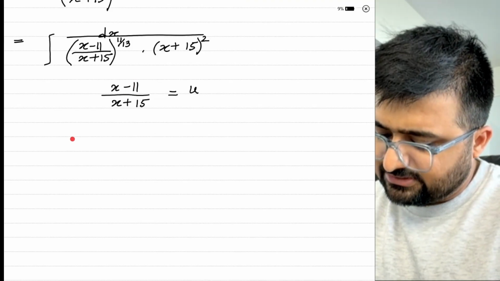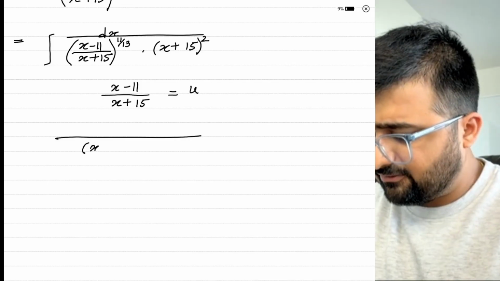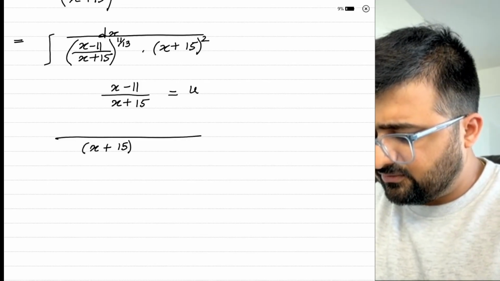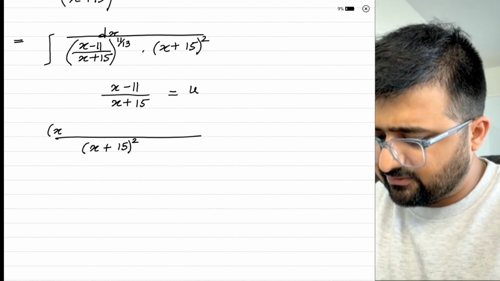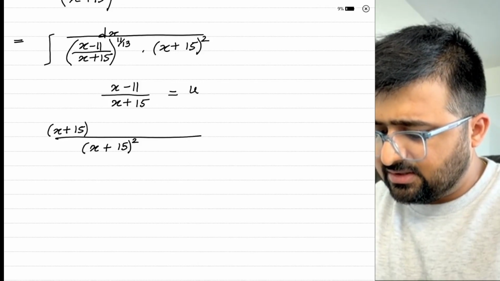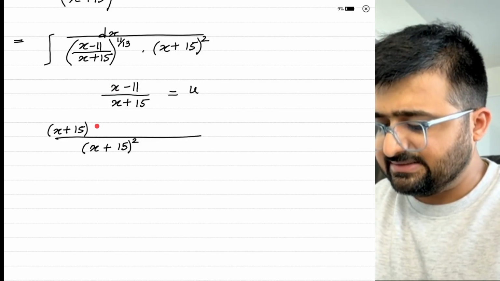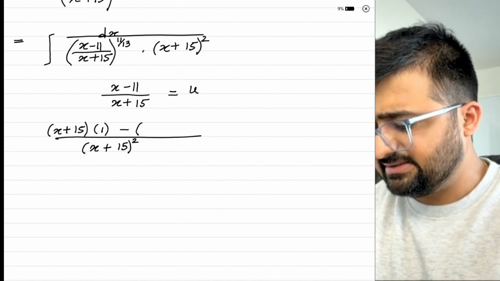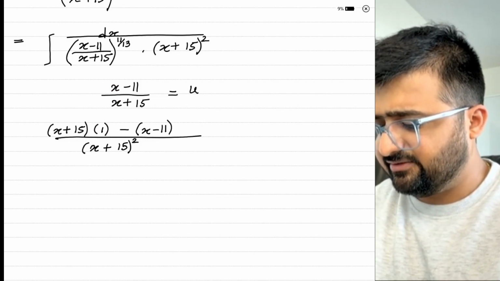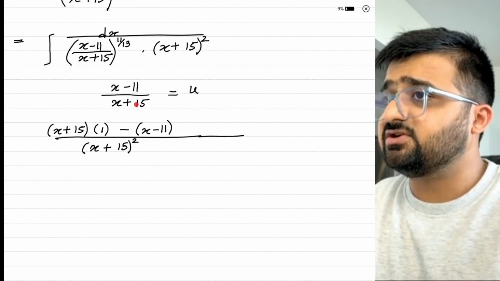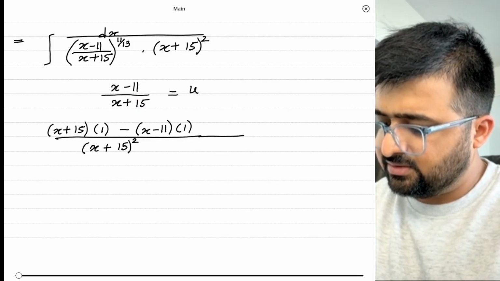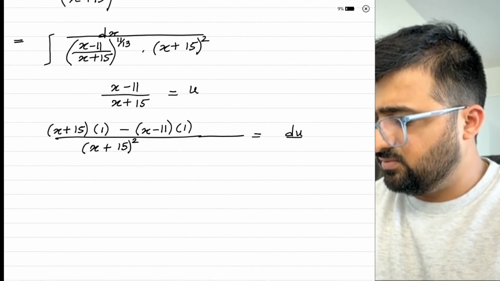So the division rule says we have (x plus 15) the whole squared, we have (x plus 15) times the differentiation of x minus 11, which is 1, minus (x minus 11) the way it is times the differentiation of x plus 15, which is again 1, and this is nothing but du by dx.